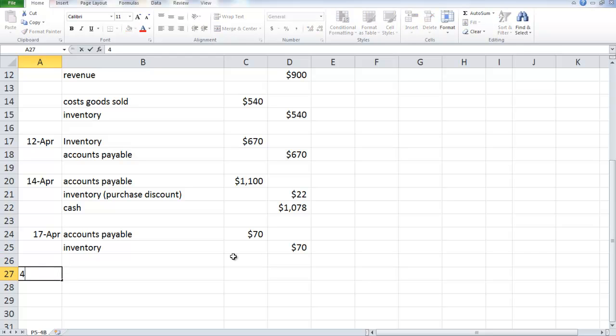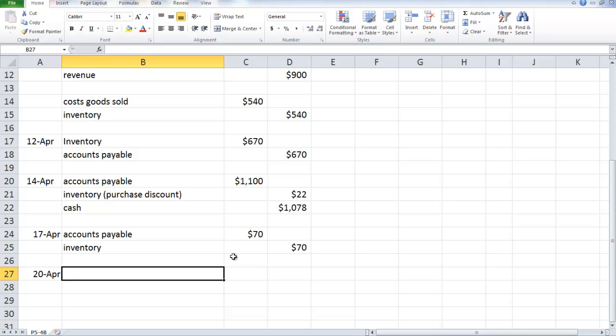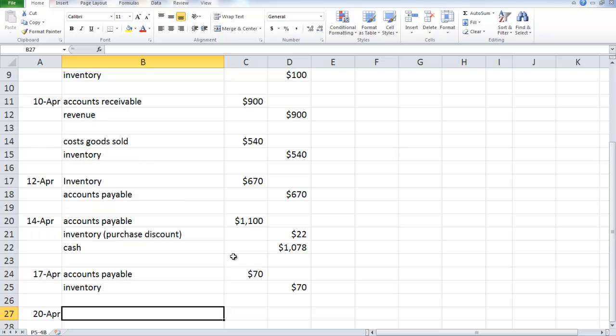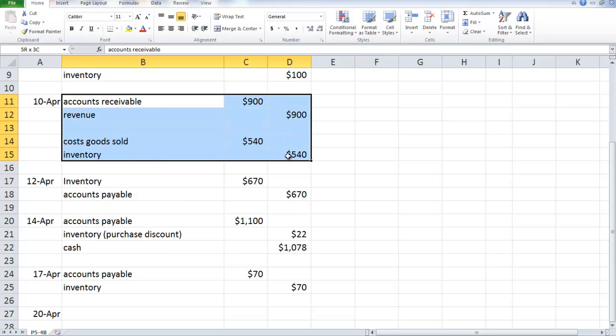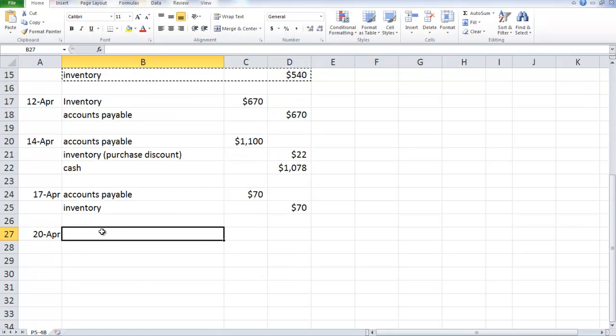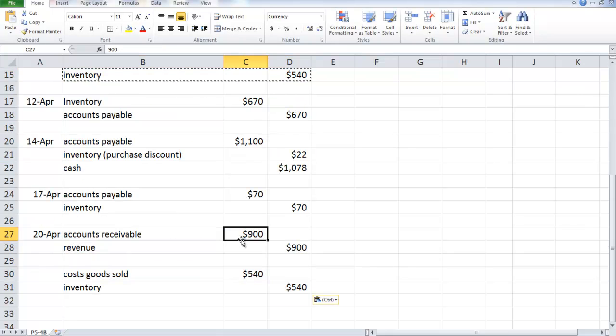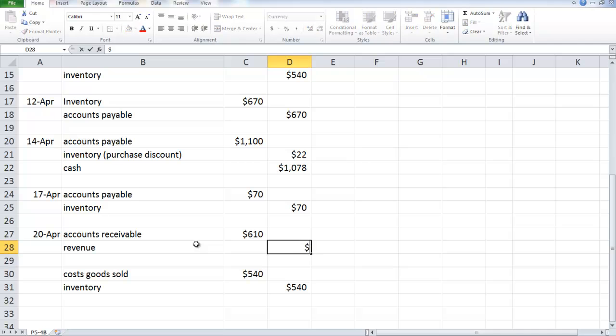Then on April 20th, it says they made sales on account for $610 and the cost of merchandise sold was $370. So we have the same transaction we have on April 10th. So I'll just copy that down. And the difference here is the amounts. Again, so $610 is the sales price. And the cost of goods is $370.